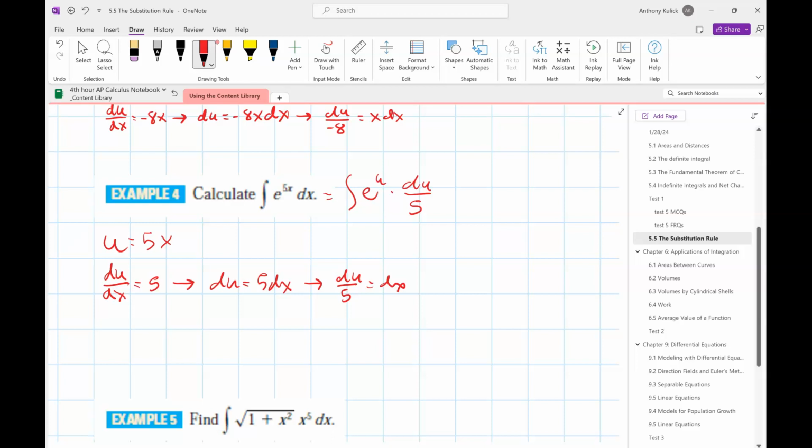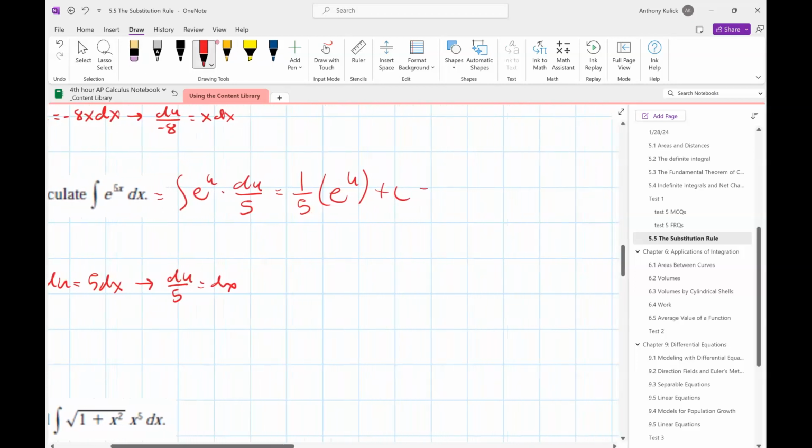Everybody feel good there? What's the antiderivative of e to the u? e to the u, and then we just have plus c. And we plug our u back in. And we're done.